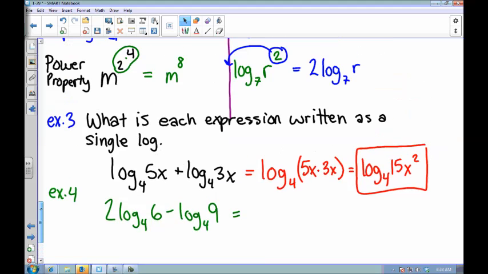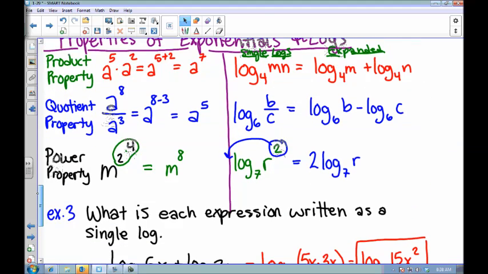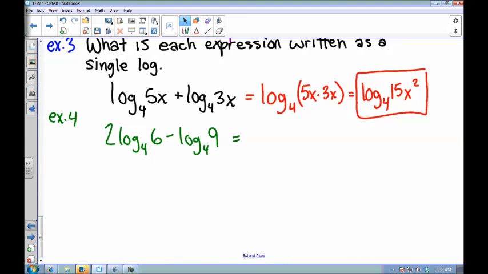Okay, so if you look up here, I saw that we had subtraction. So when we subtract, what do we have to do? What and subtraction go together? Divide, subtract, divide, subtract. Now, let's go in order. Subtraction and division. Make sure you're careful on the order.